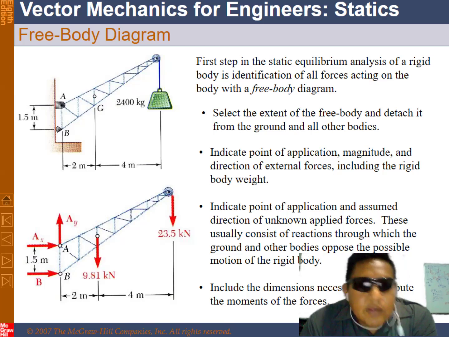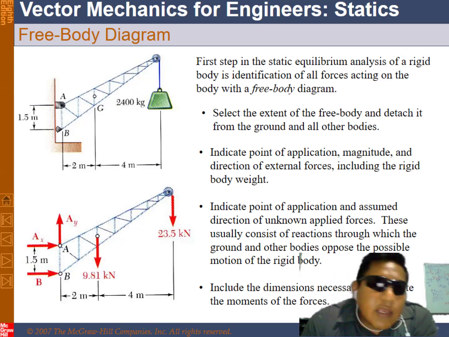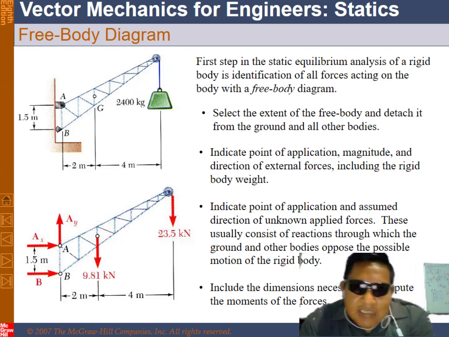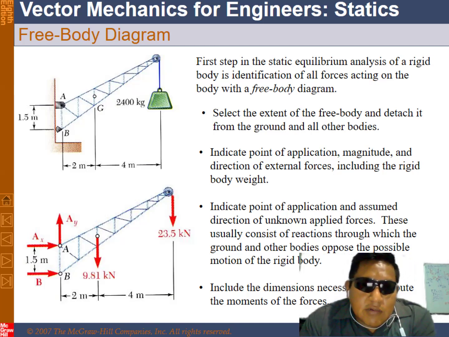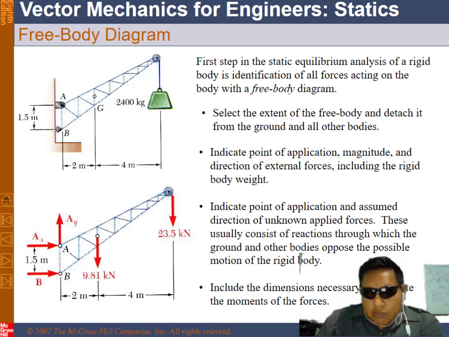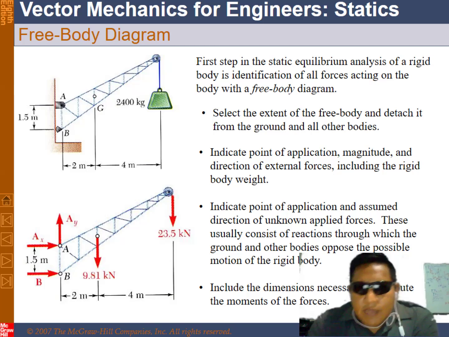The reaction at letter A and the reaction at letter B are above the structure of the crane, with a mass of 2,400 kilograms. It's not force, it's not kilonewtons.